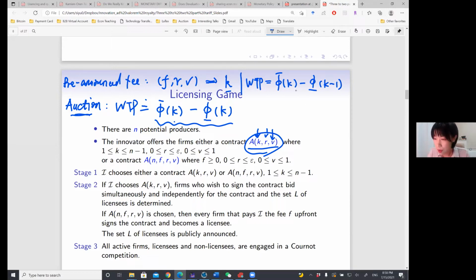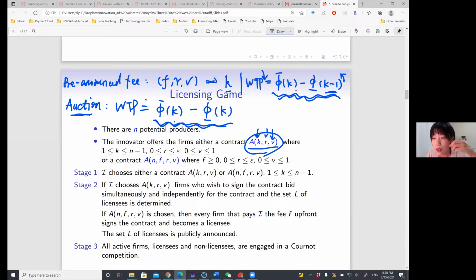So now let's compare these two terms. A non-licensee actually prefers to compete with one fewer strong player, so here he makes more. Then the difference in profits is lower.